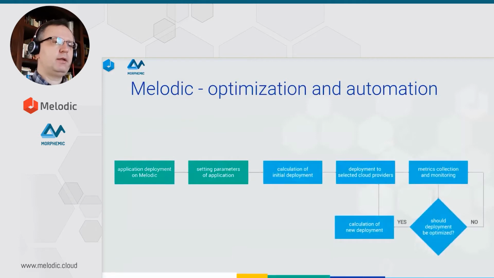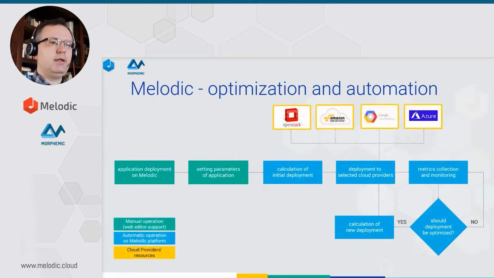And after that, Melodic calculates initial deployments based on the predefined parameters and deploys the application to the selected cloud providers. After the deployment, the metrics start to be collected, and Melodic is verifying if certain thresholds are exceeded.